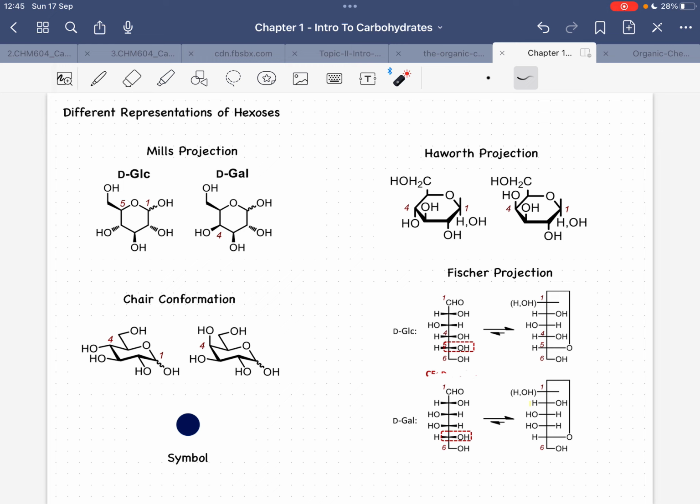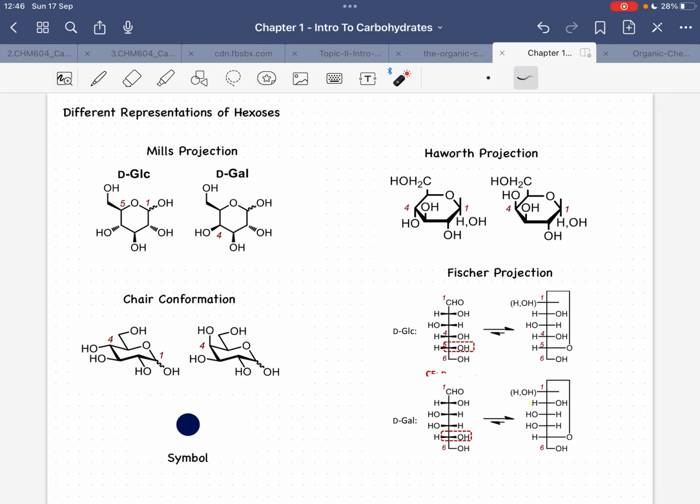Ang Mills projection and Haworth projection, mao ni siyang kasagara gina-show sa mga biochemistry textbooks, but it does not really tell you the stability and energy of the molecule. So it's just showing you the orientation of the hydroxyl groups like this.